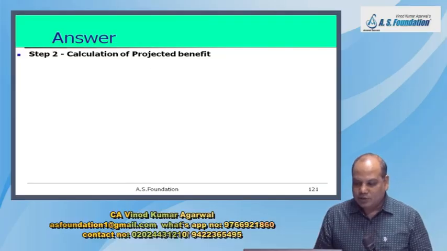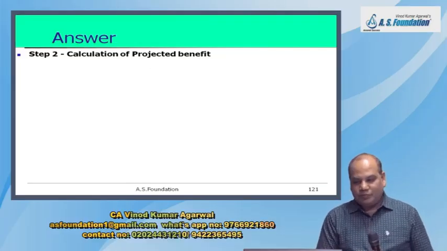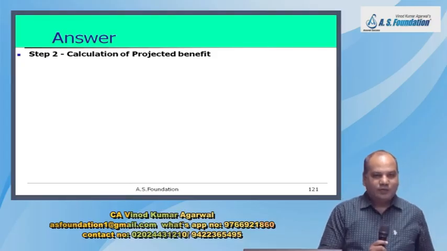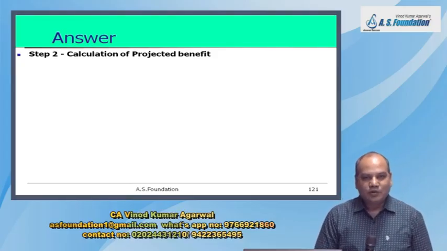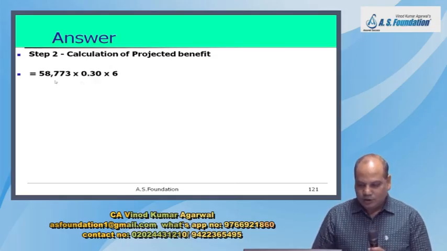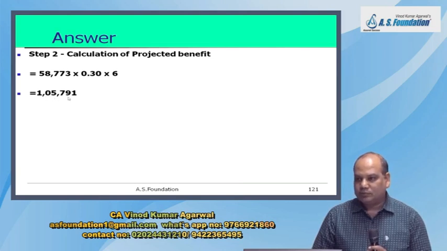Then dear student, write step 2, calculation of projected benefit. Under that, 58773 into 30% into 6 years, that is 1,05,791.